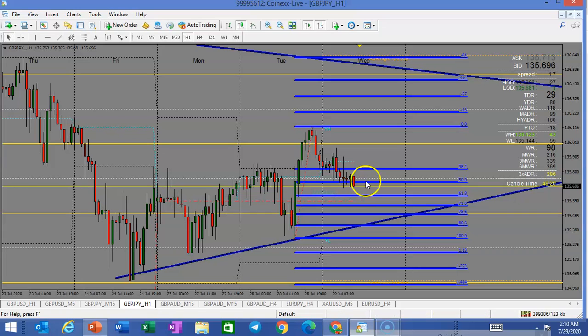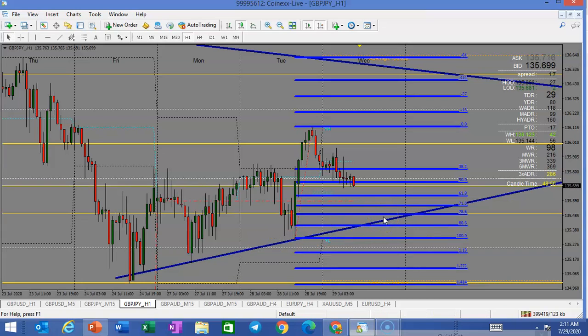One of my golden rules is we always look to get in from the 50 or the 61 or the 71. Interestingly enough, the 71 and the 78 coincide with our trend line.